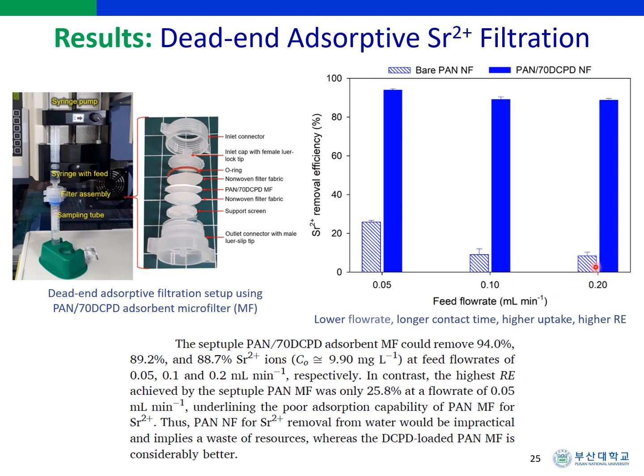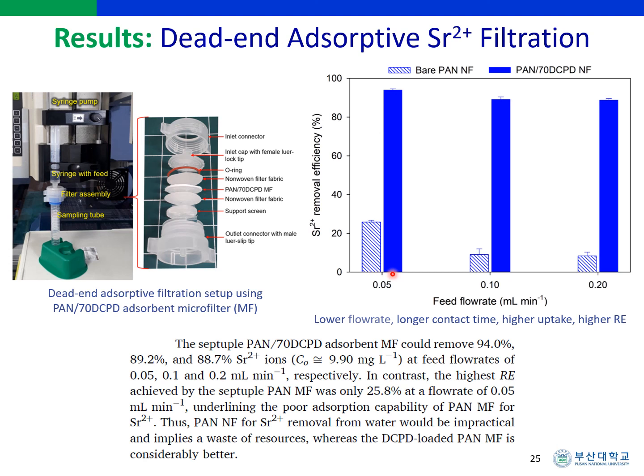In contrast, the highest removal efficiency achieved by the septuple pure PAN microfilter was only 25.8% at a flow rate of 0.05 ml per minute, underlining the poor adsorption capability of PAN microfilter for strontium.